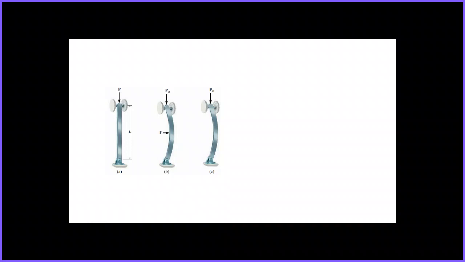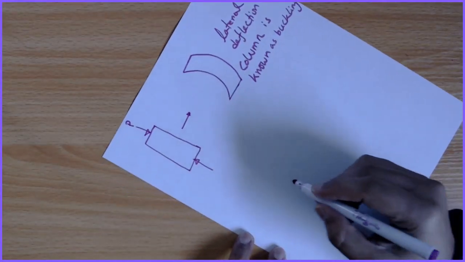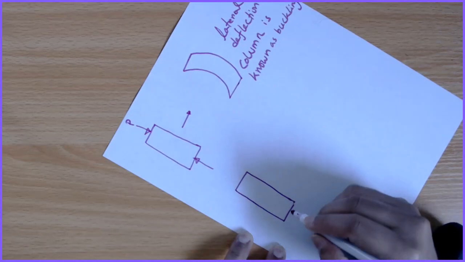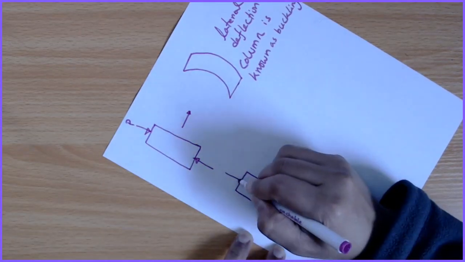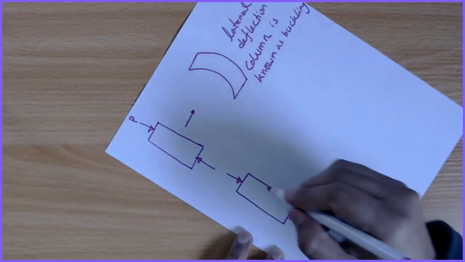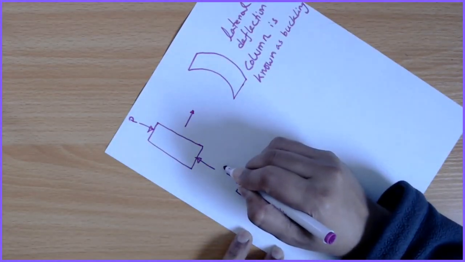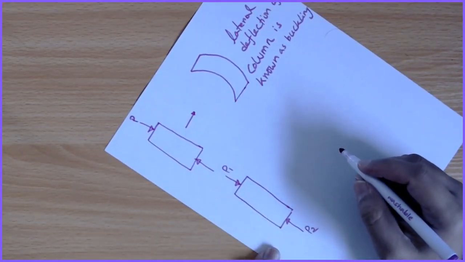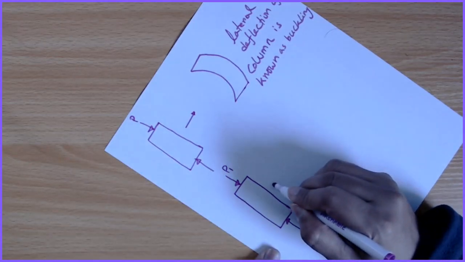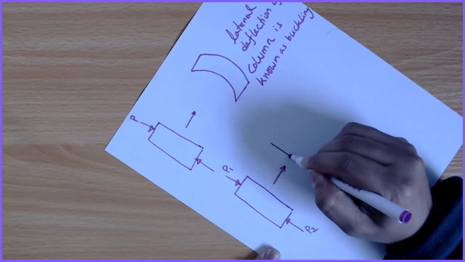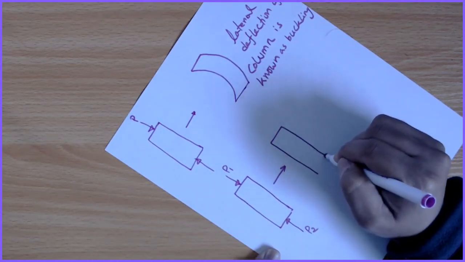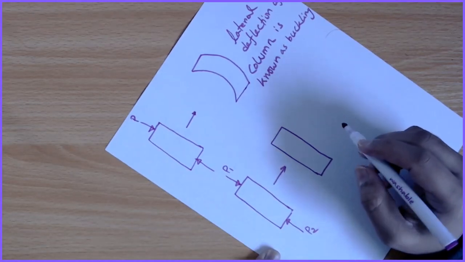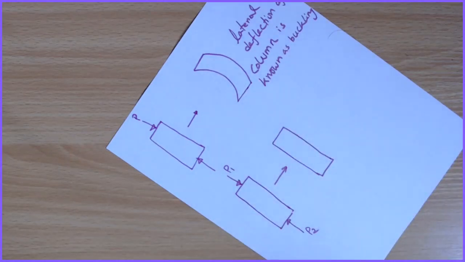Now, what happens? Say you apply a compressive load in a column, and this is P1 and this is P2. You increase the load.